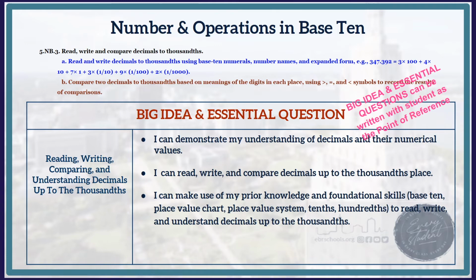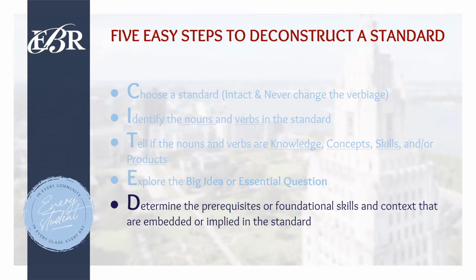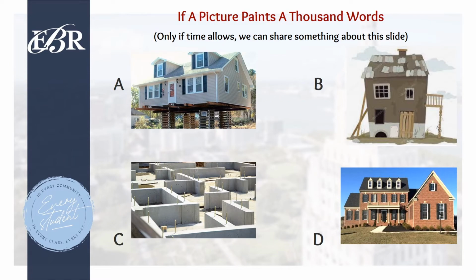And the last step in our acronym CITED is letter D. Determine the prerequisites or foundational skills and context that are embedded or implied in the standard. So with the standard that we had selected, we identified some of the conceptual prerequisites.